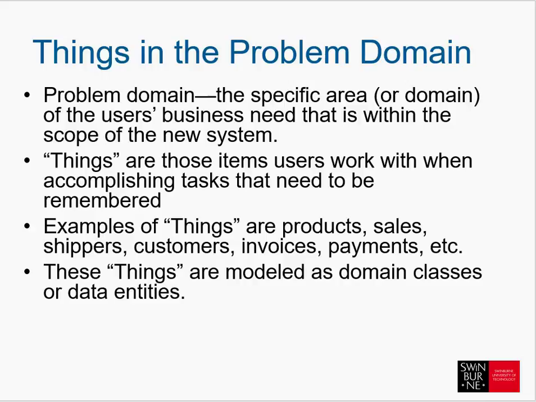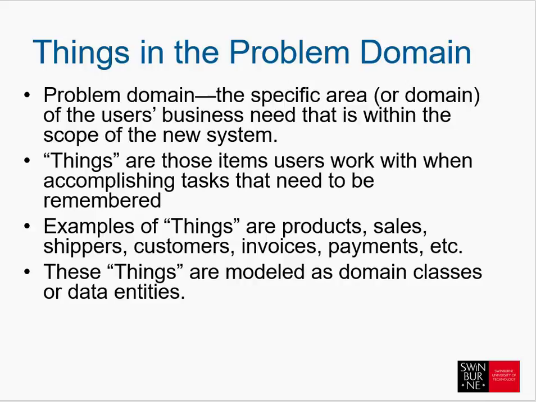For example, some information systems need to store information about customers and products. So it is important for the business analyst to identify all the important information about them. Often things are related to the people who interact with the system or to other stakeholders.